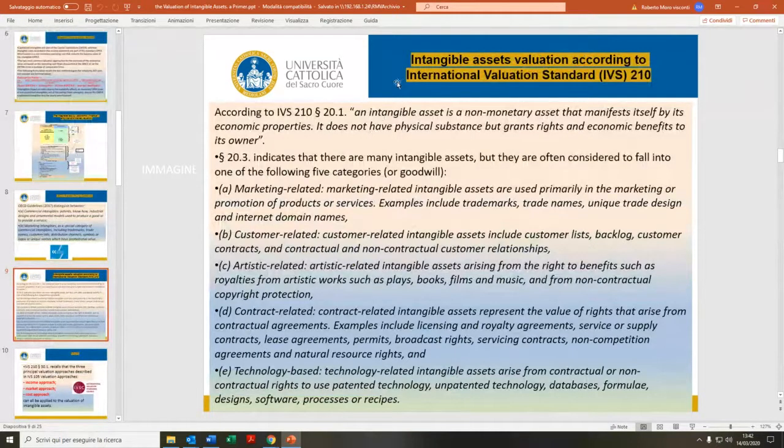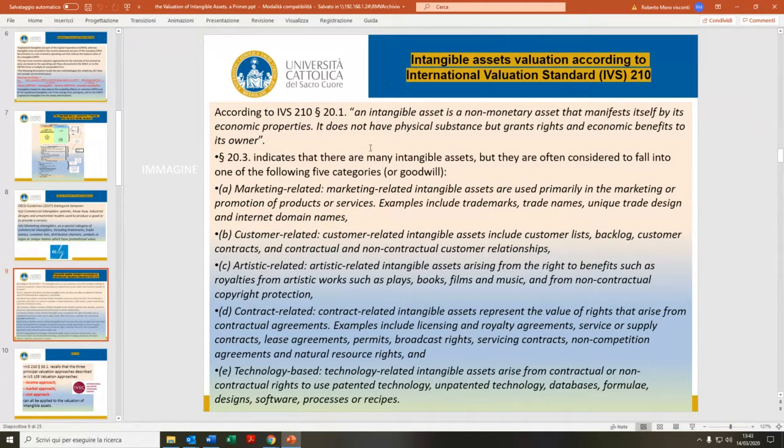Then we have, and this is very important in the valuation, the International Valuation Standard 210, according to which an intangible asset is a non-monetary asset that is going to manifest itself by its economic properties. It does not have any physical substance. It is immaterial, but it grants rights and economic benefits to its owner.